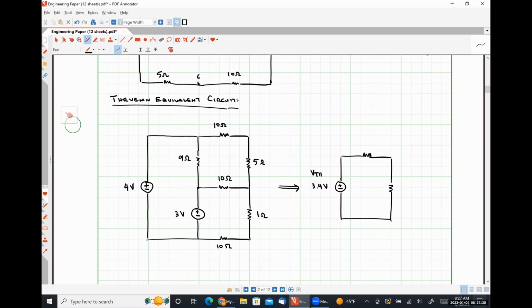Where this is VTH, this is RTH, and this is our 1 ohm resistor that we were finding the electrically equivalent circuit with respect to. From the perspective of the 1 ohm resistor, these are identical. Now we could find the power that's transferred to the 1 ohm resistor rather easily, all of that kind of good stuff, okay?